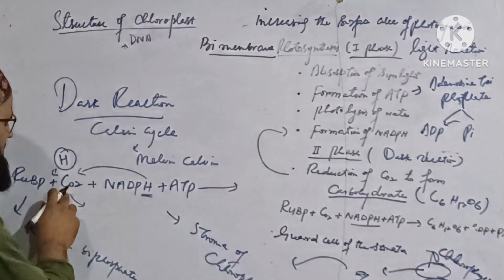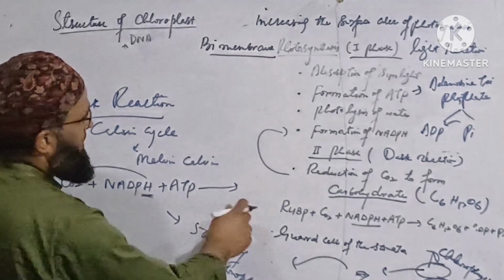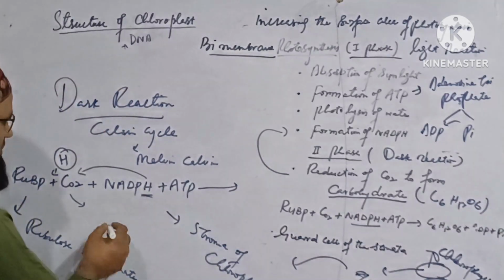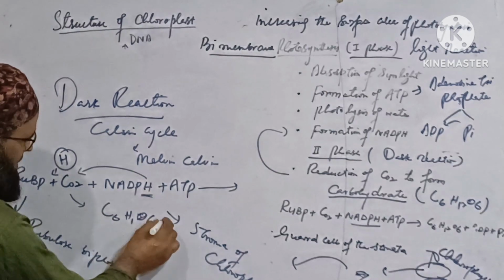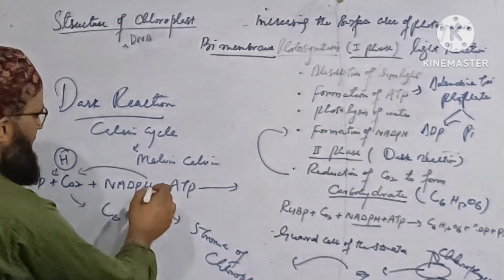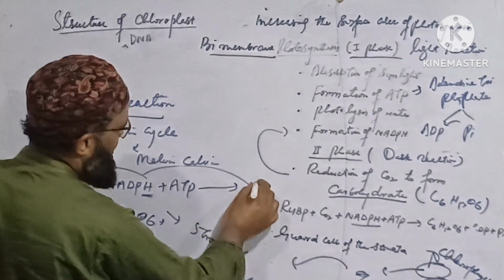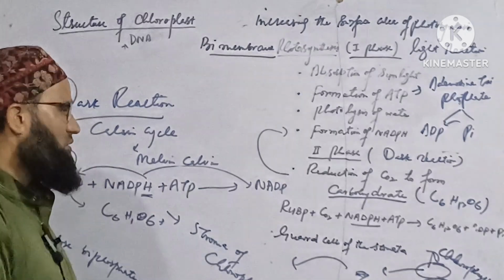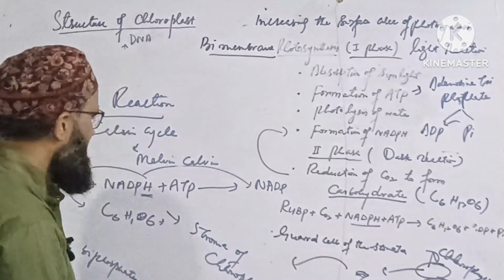So hydrogen is attached to the carbon dioxide, that is reduced carbon dioxide, and it helps in the formation of the carbohydrate, that is C6H12O6. After this, NADPH remains only NADP, that is nicotinamide adenine dinucleotide phosphate.